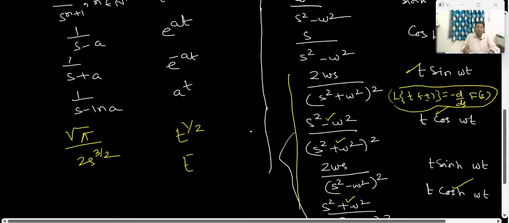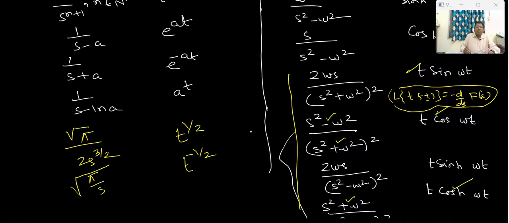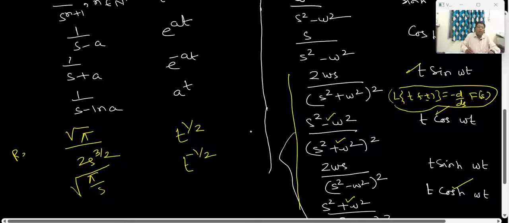And for t to the power minus half, it is root of pi by s. You may recall this from my lecture 1.